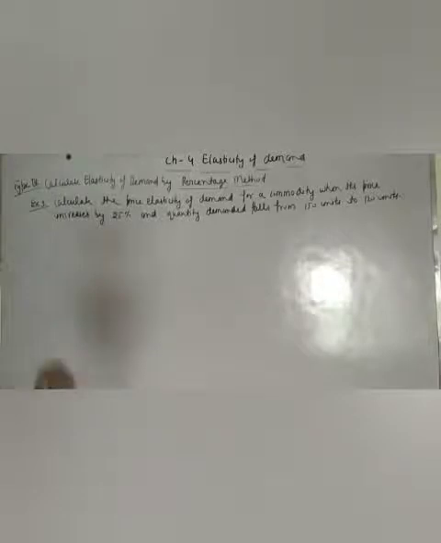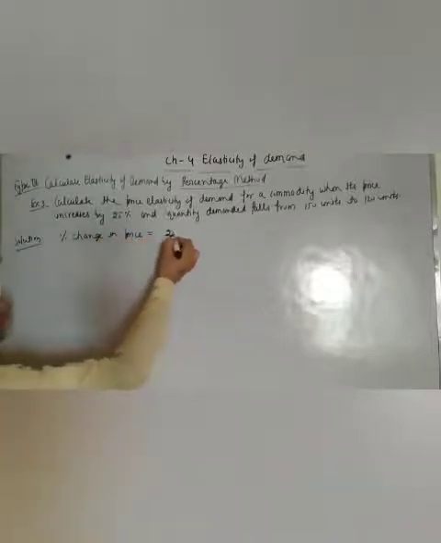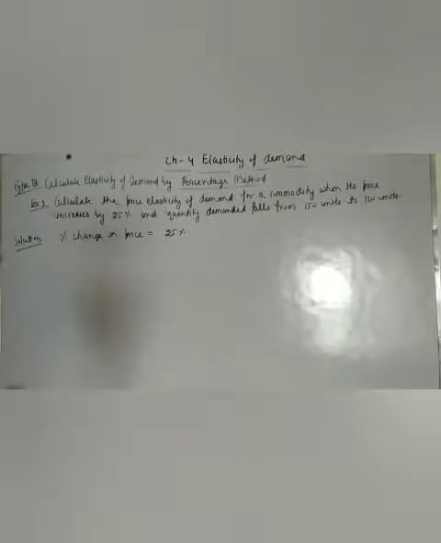See example number 3. Calculate the price elasticity of demand for a commodity when its price increases by 25%. Means percentage change in price is 25%, because increases by, so we will take a positive percentage.